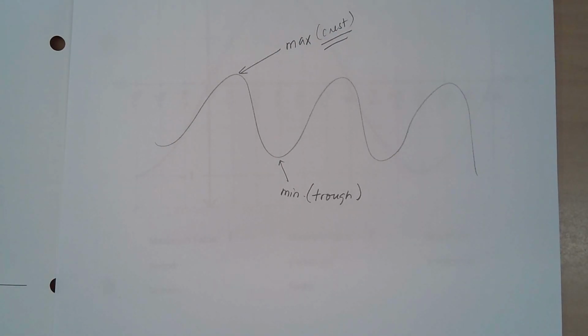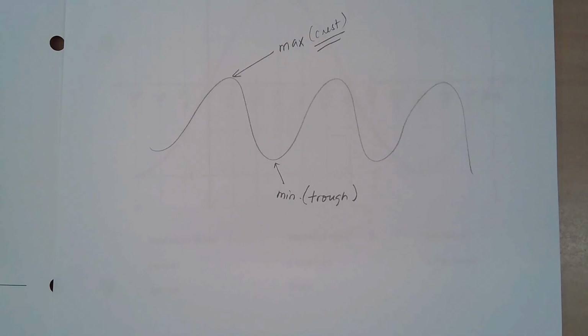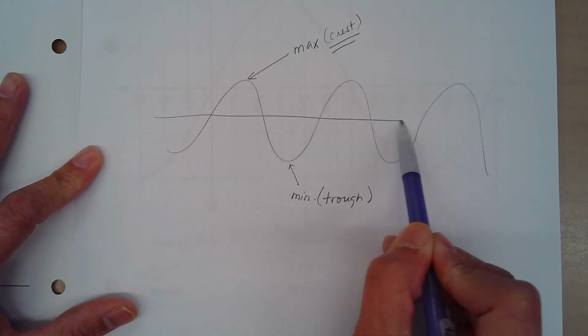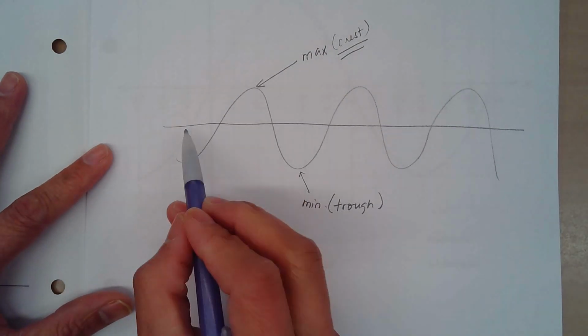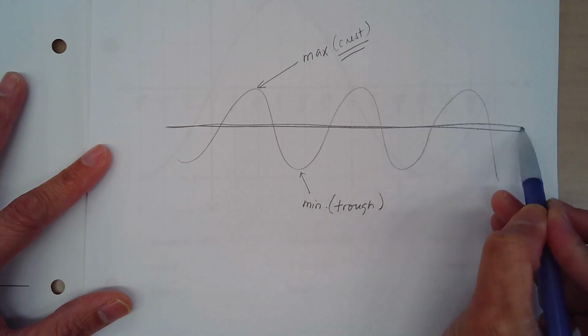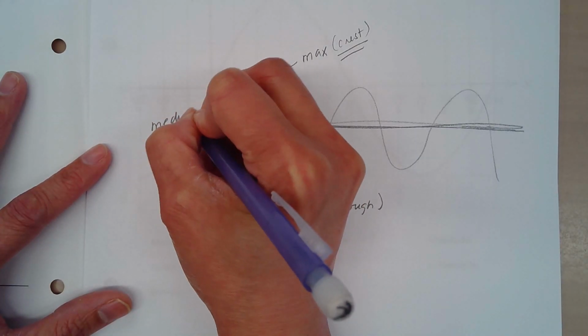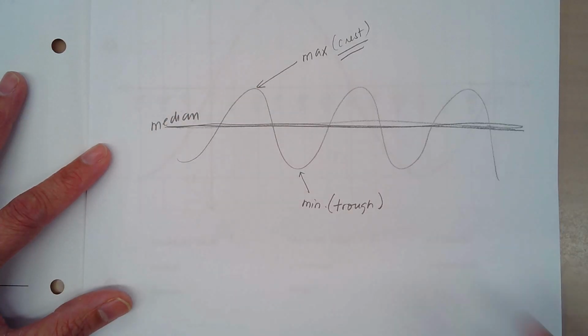The word amplitude in physics is the same amplitude in math. This middle part is called the median line. Median means the middle line.